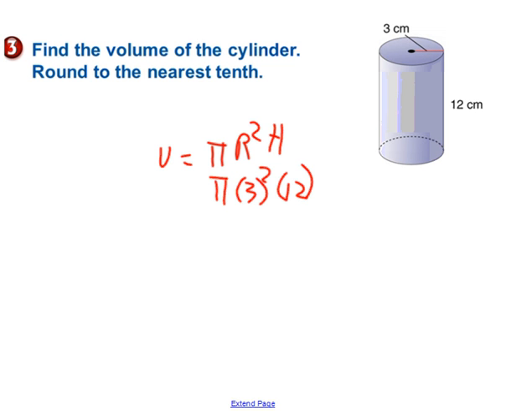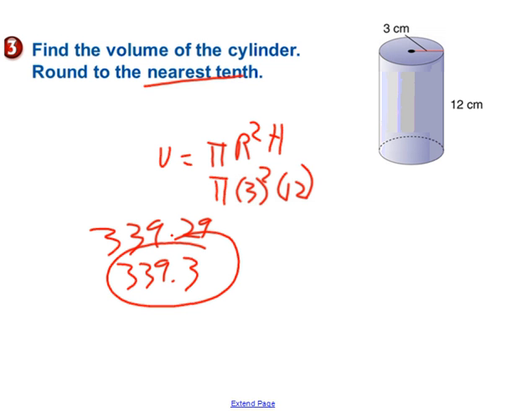Pi times 3 squared, which is 9, times 12 will give me 339.29. I'm going to round that to the nearest tenth, so it's 339.3 centimeters cubed.